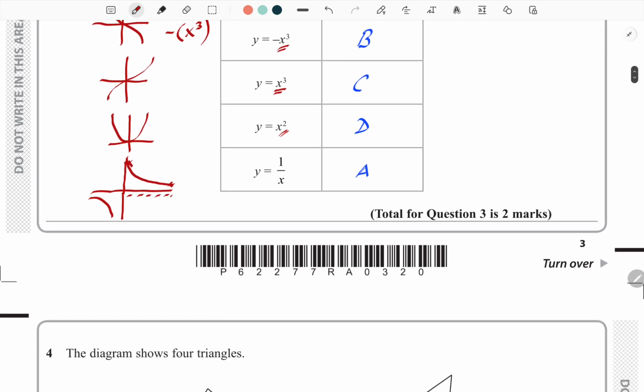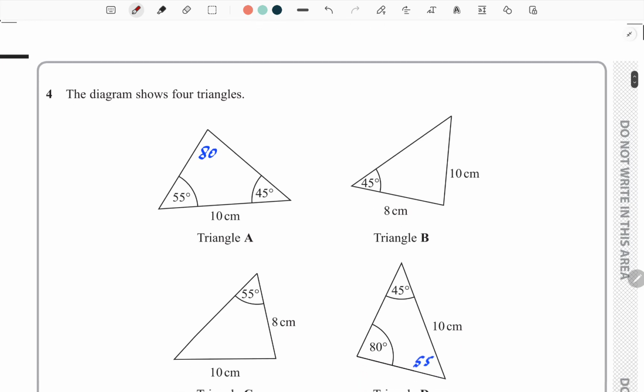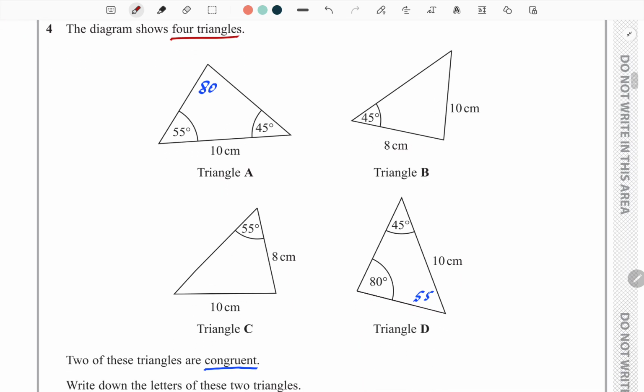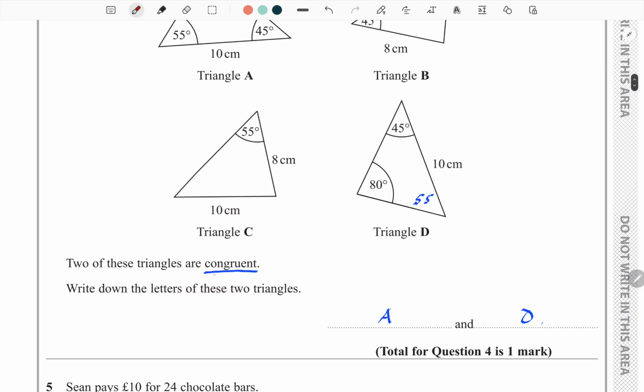Only 2 marks, so they are expecting you to recognize the graphs without very much discussion on it. Right, number 4. What they're talking about is 4 triangles, and they want to know which ones are congruent. Congruent means identical, meaning you can fit one triangle on another and they will be absolutely identical to each other.